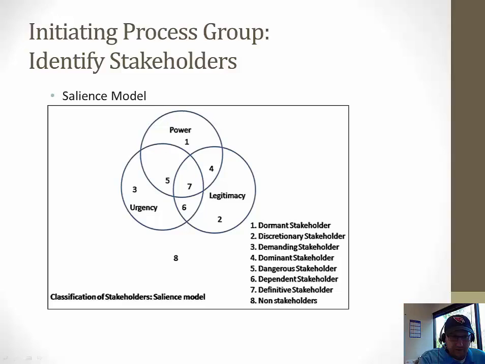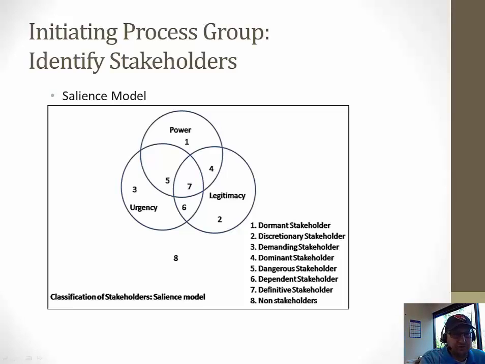Out of the 7 classifications, number 1 here, the dormant stakeholder, has power but not urgency or legitimacy. Therefore, the manager should be aware of them, but there's no need to plan for their communication needs.